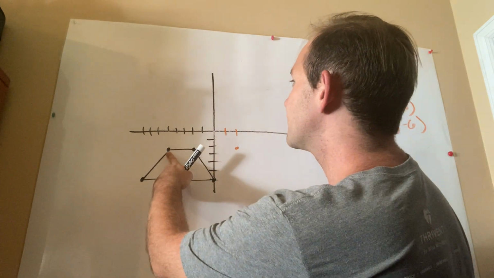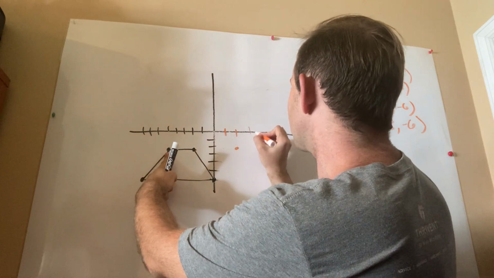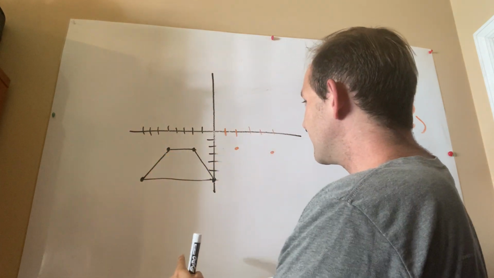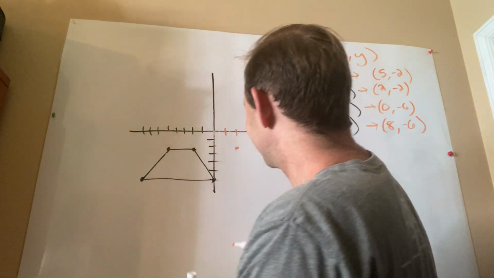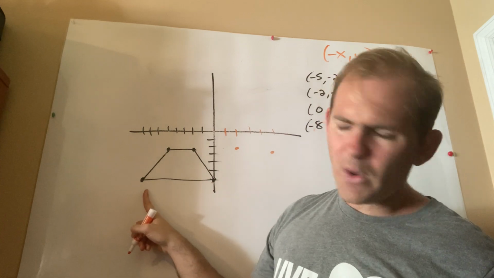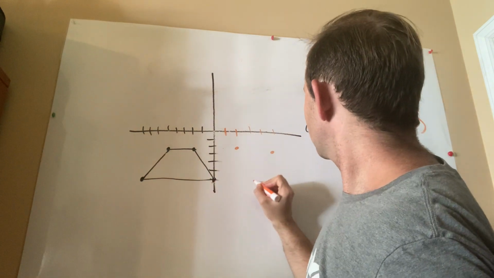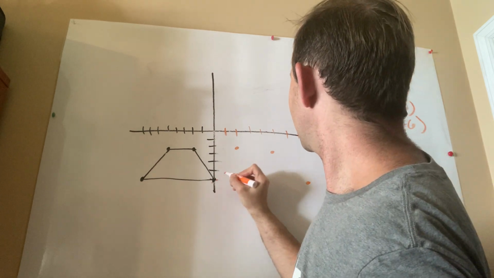This one right here is 5 to the left, and so all I'm going to do is put it 1, 2, 3, 4, 5 on the right. This one's actually on the y-axis, so it's going to stay there. I'm going to put a little dot right there. And over here, this one was 8 units away, so it's going to go 1, 2, 3, 4, 5, 6, 7, 8 on the other side.